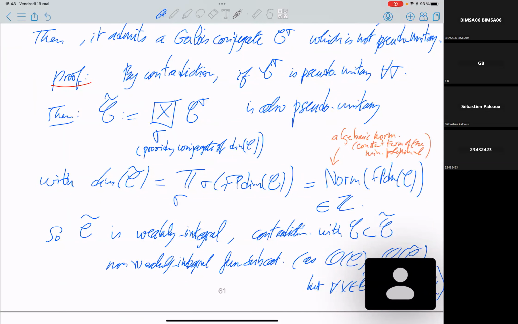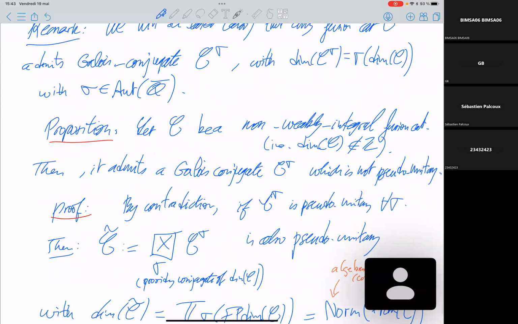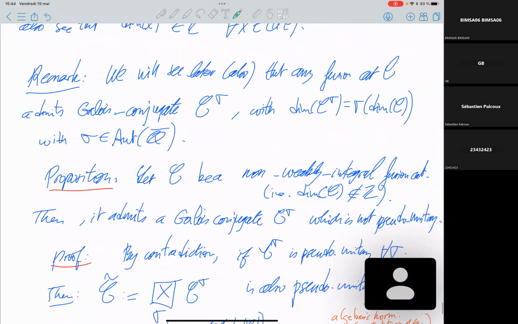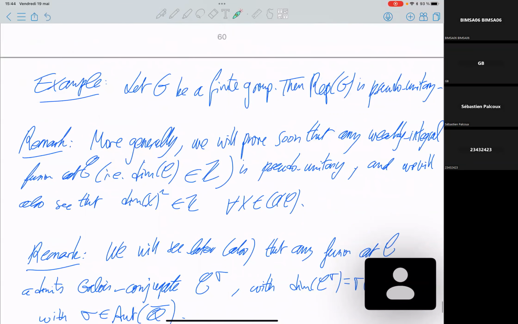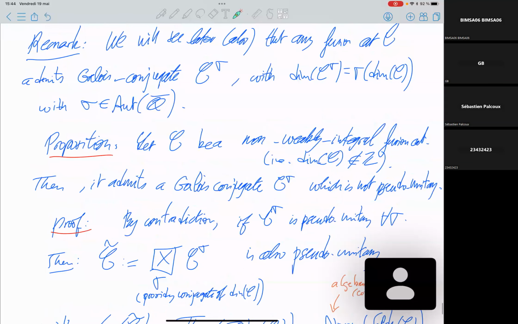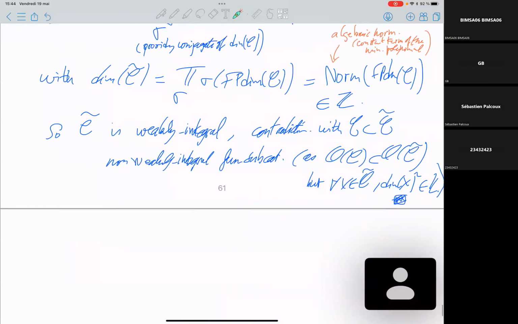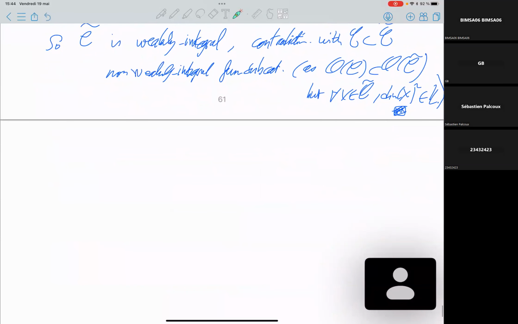Now, you get at least plenty of examples of pseudo-unitary fusion categories: as long as it is weakly integral, it's pseudo-unitary, as we will see soon. And plenty of examples which are not pseudo-unitary, the conjugates of a non-weakly integral one. But the previous example is a bit cheating.